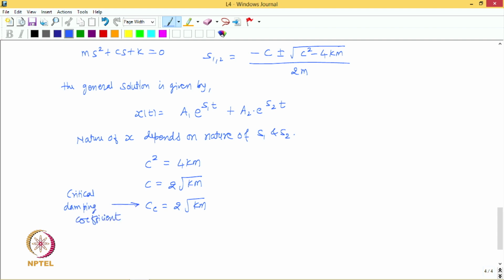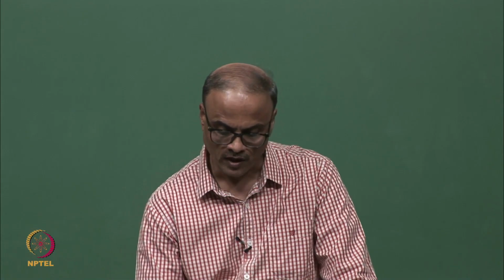So, this is nothing but the critical damping coefficient, and then we define a non-dimensional factor to quantify damping in the system, right. That we define as the ratio of the actual damping coefficient and the critical value of the damping coefficient.